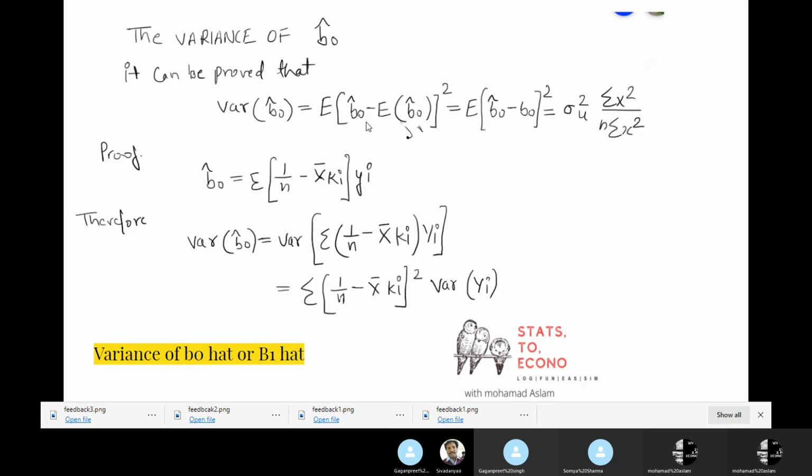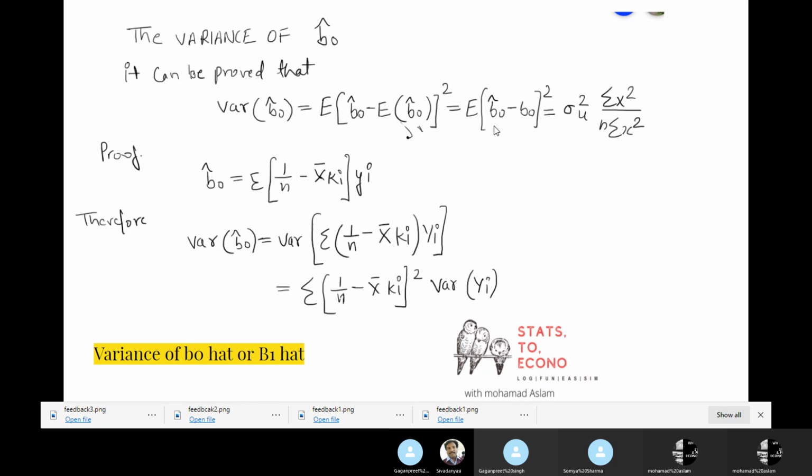This is the variance formula in terms of expectation. We already proved that the expected beta 0 hat is equal to beta 0, so we can just put that here. This right hand side is the final answer, but before that we have to solve it.